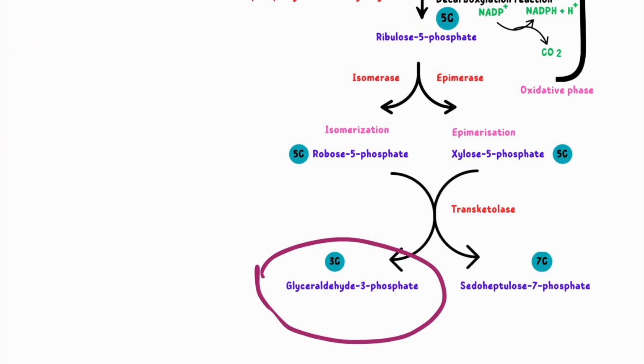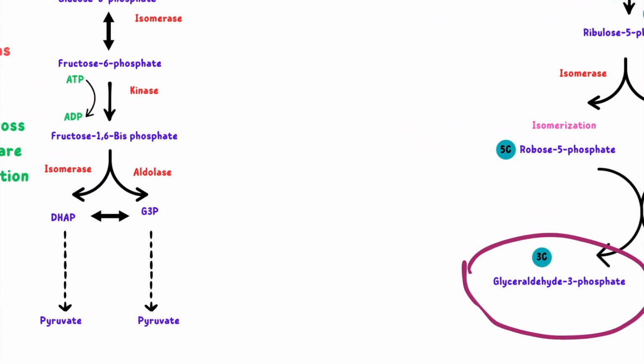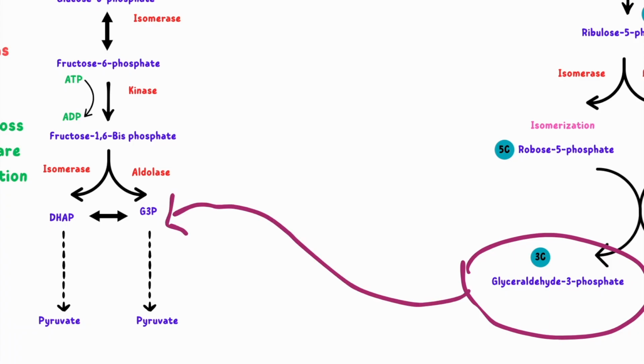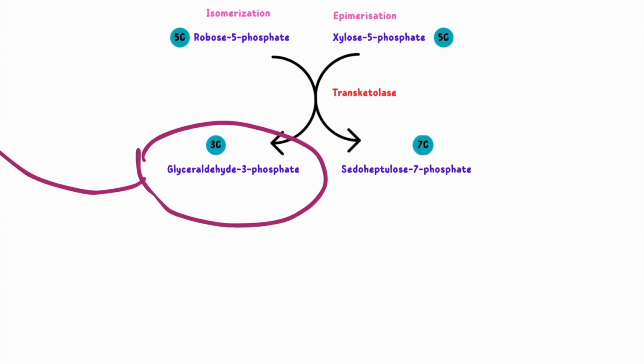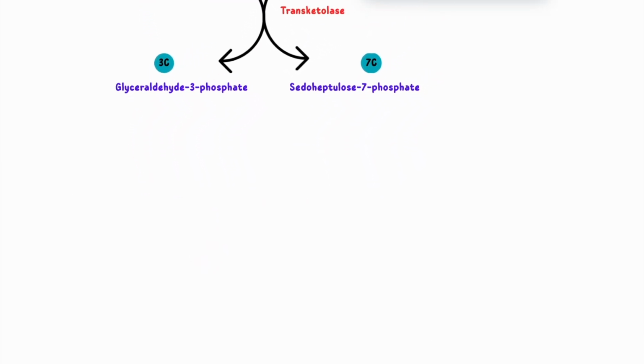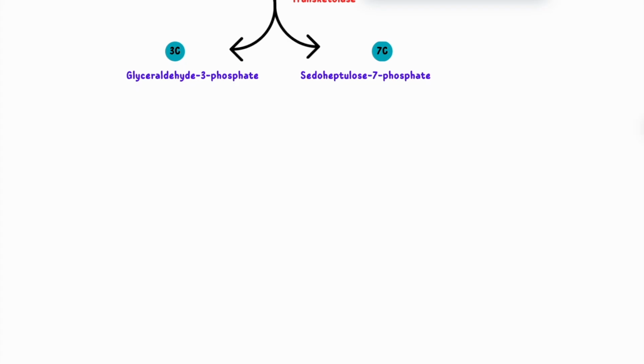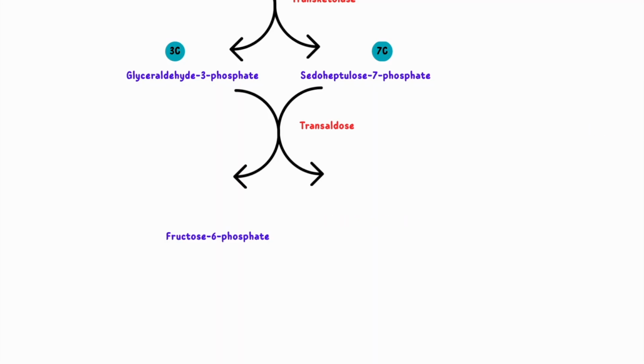Now this glyceraldehyde 3-phosphate has two options. Either it goes back to the glycolysis cycle or it can continue further in the non-oxidative phase reactions of the pentose phosphate pathway. The next step is the 3-carbon transfer step. Here the enzyme transaldolase transfers a 3-carbon unit from sedoheptulose 7-phosphate to the glyceraldehyde 3-phosphate produced in the previous step.